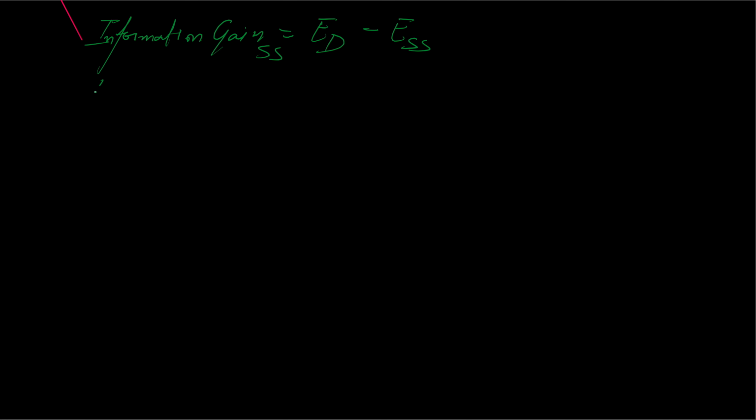Similarly, we can compute information gain if instead of splitting by systolic, we split by diastolic pressures. So split diastolic will be equivalent to entropy of the data minus entropy of the split from diastolic.